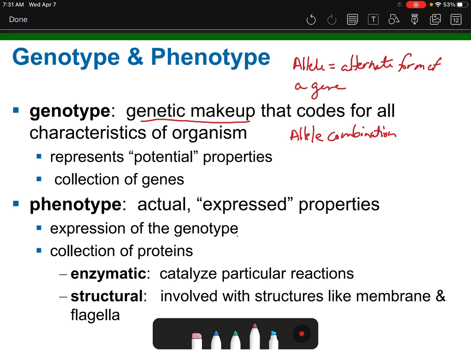So if you inherited like a big T or a little t, those are alternate forms. Let's say they coded for height. You could inherit this from your mom or dad, or you could inherit this from your mom and dad. Now, your actual genotype, though, is the allele combination from both of your parents.